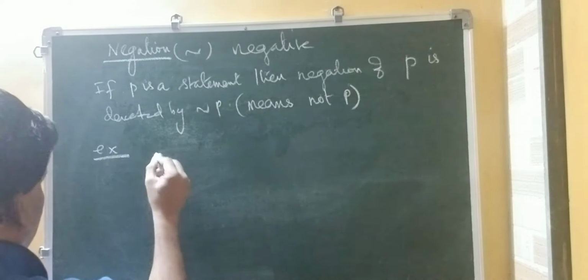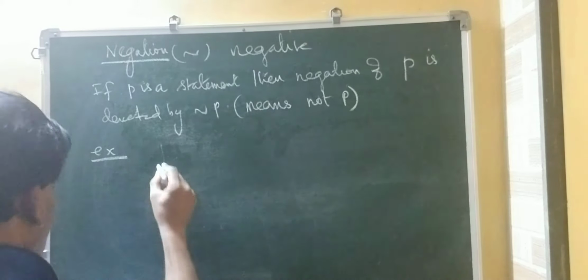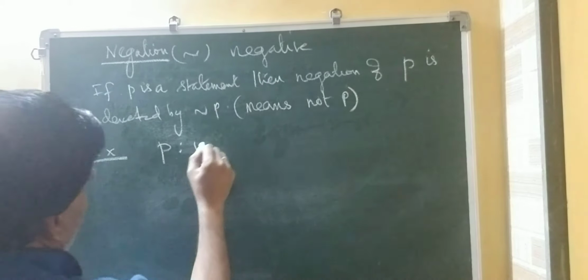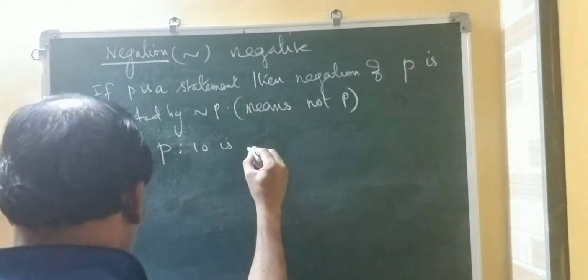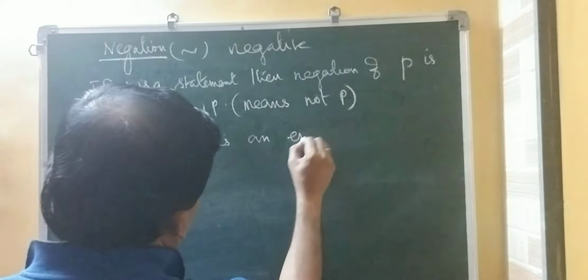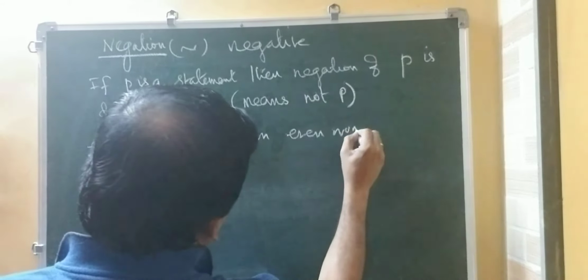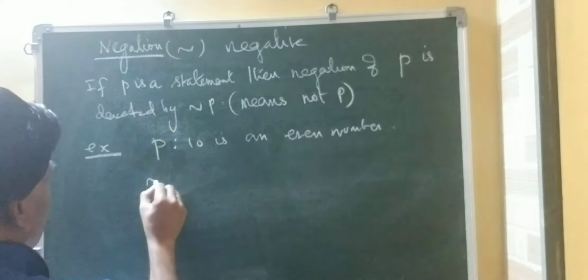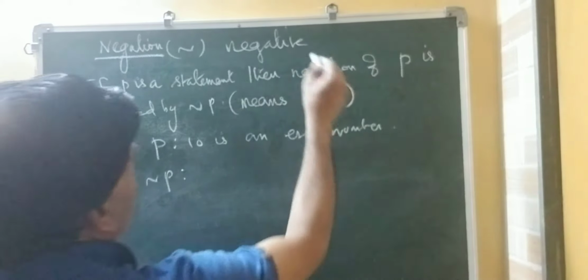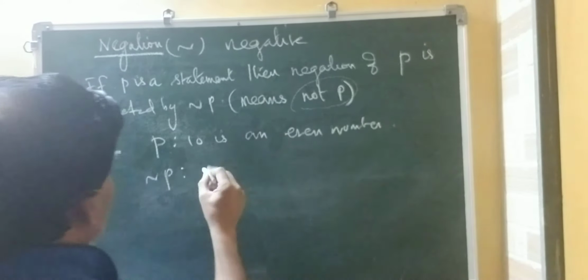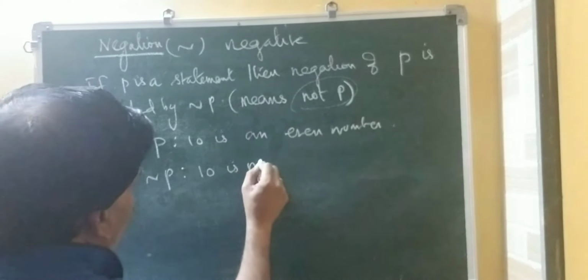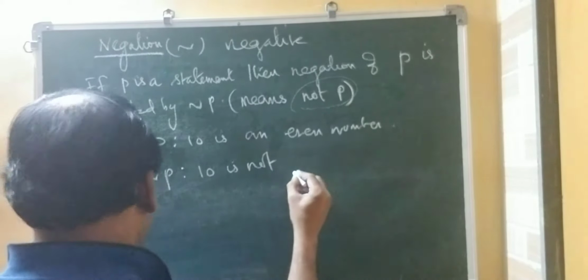Now you see that. Example. Statement P is given: 10 is an even number. What is the negation of P? We have to say not. 10 is not an even number.